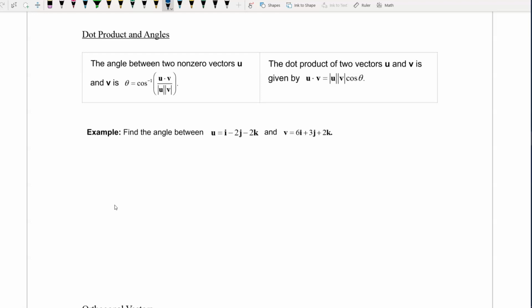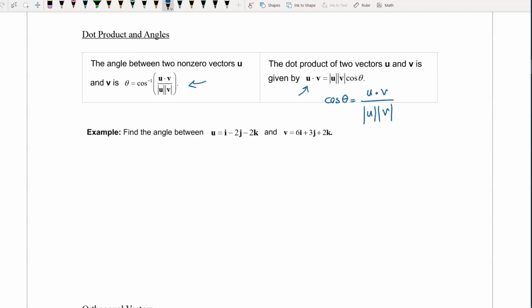The dot product of two vectors u and v is given by u times v equal to the length of u times the length of v multiplied by cosine theta. So based on this, we can also write cosine theta equal to u times v divided by the length of u times the length of v.